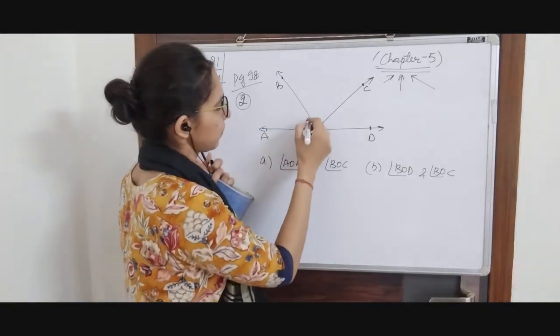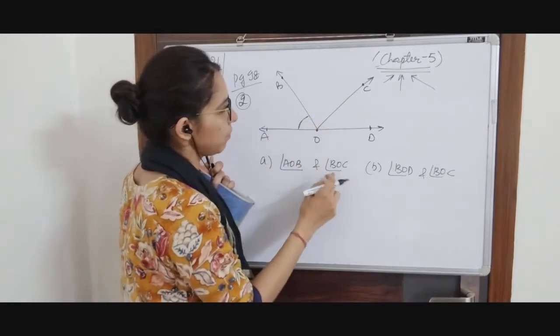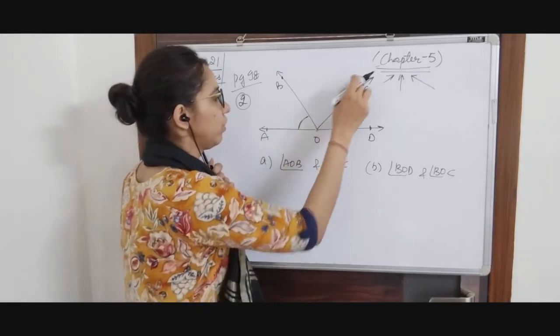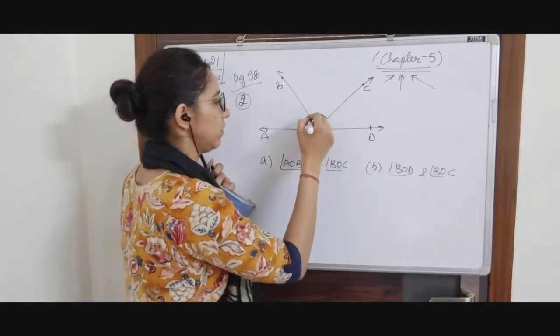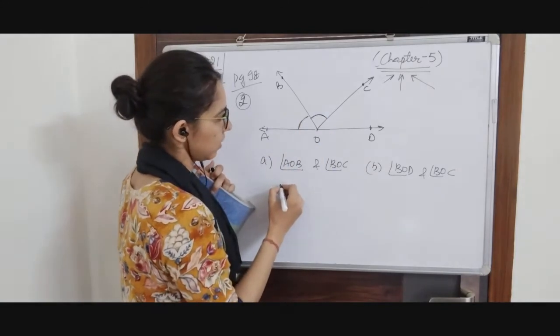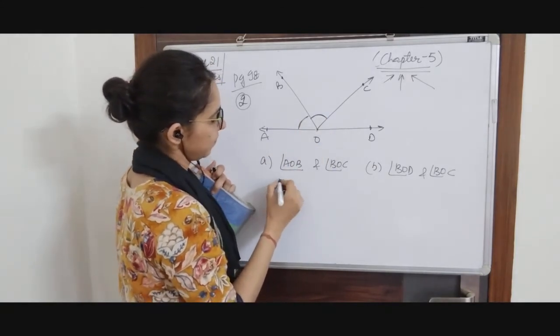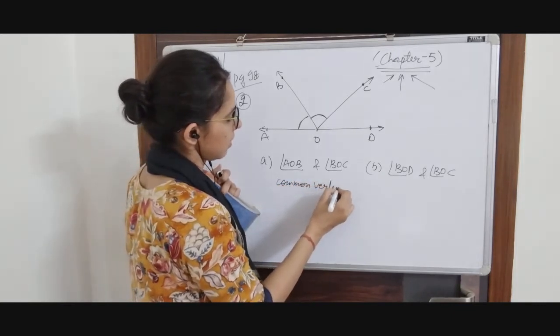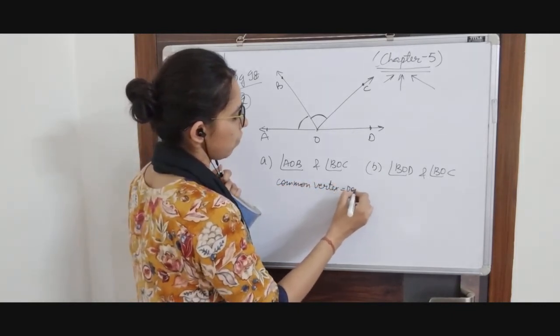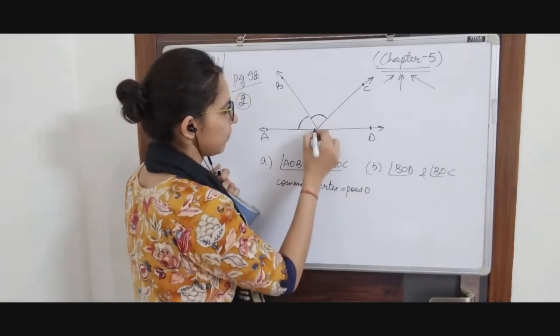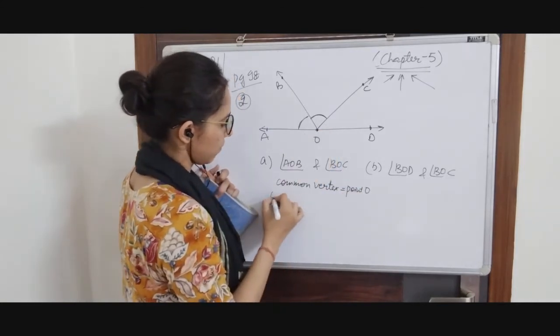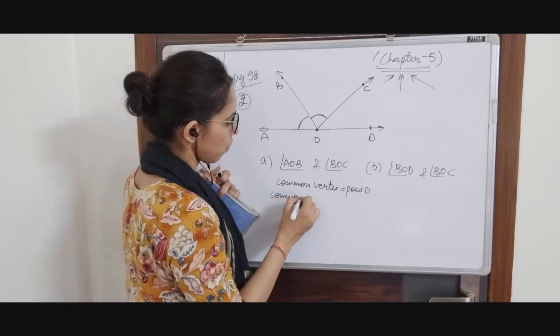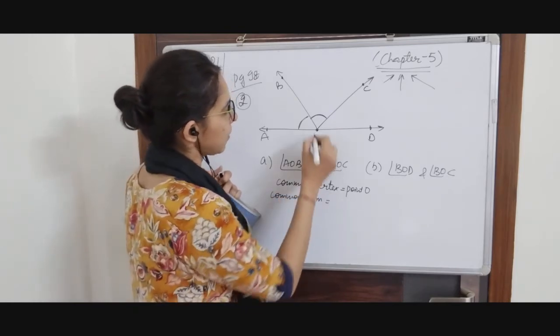AOB, this one. Second, BOC, this one. So these have a common vertex, yes. Common vertex is here, point O. Common arm. What is the common arm? Common arm is OB.